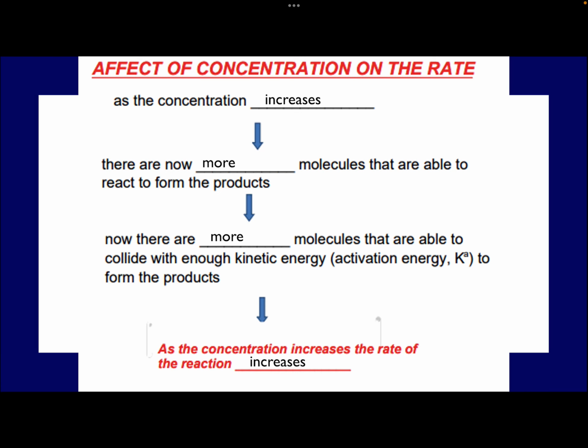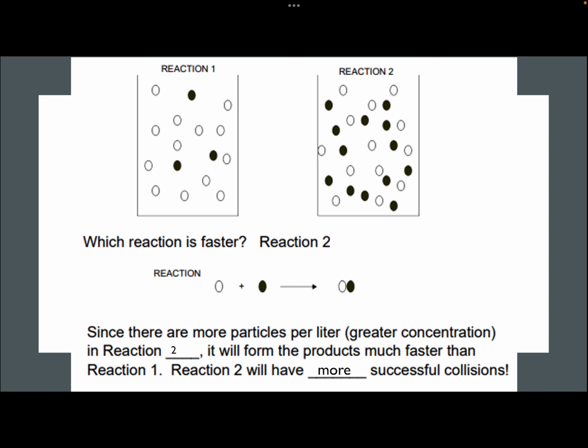Because there are more molecules, they are able to collide with enough kinetic energy, enough force, that is our activation energy, to form products. So the more molecules, the more products they're able to form because of that kinetic energy, and therefore as the concentration increases, the rate of reaction also increases.